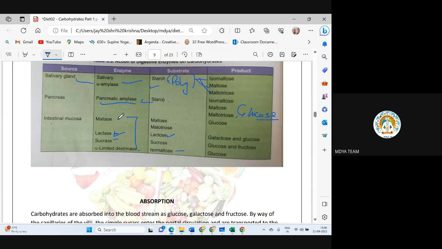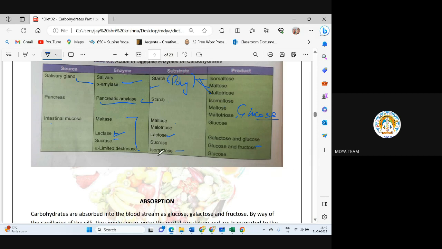These have some similar names, like maltose and maltotriose. These are processed by maltase to produce glucose. Lactose is broken down by lactase into galactose and glucose. Sucrose is broken down by sucrase into glucose and fructose.